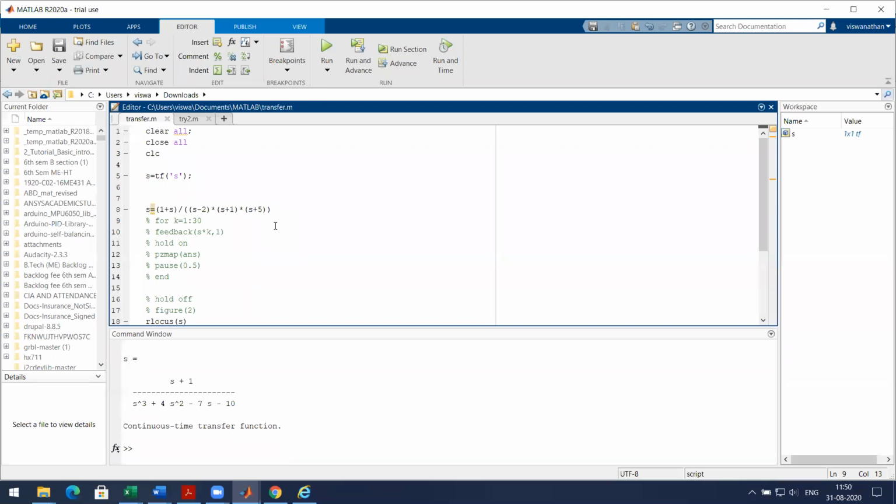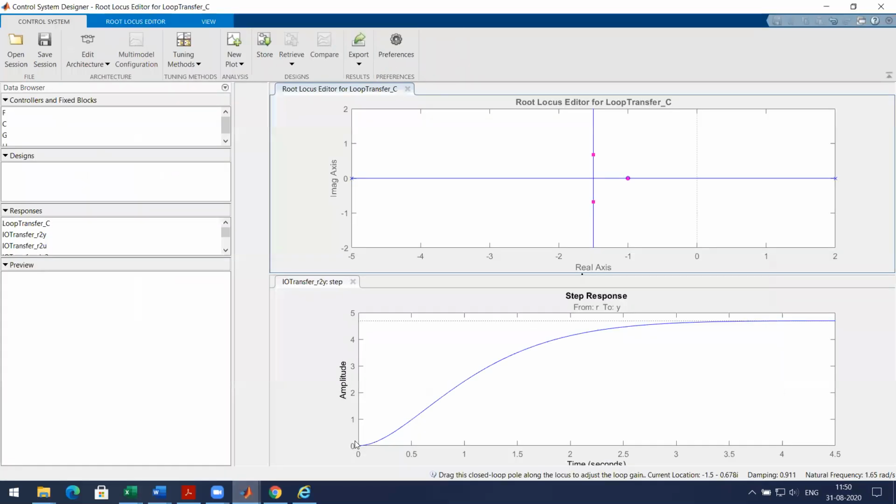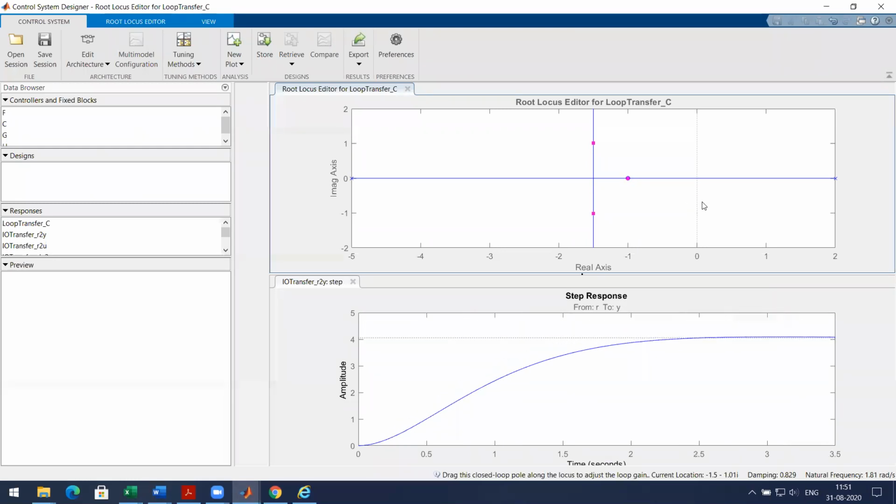KP plus KD into S, that is what this is. You are able to see here, because you have added a 0, it's now stable. You are on the left side.